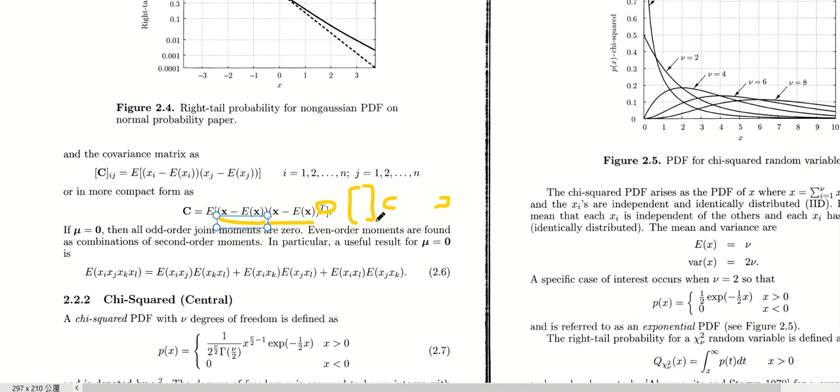As a result, this is n by 1, this is 1 by n, and the outcome is n by n, right? N by 1 times 1 by n, and the outcome will be n by n. As a result, you get a C that is n by n. So you have x minus this, and then transpose.